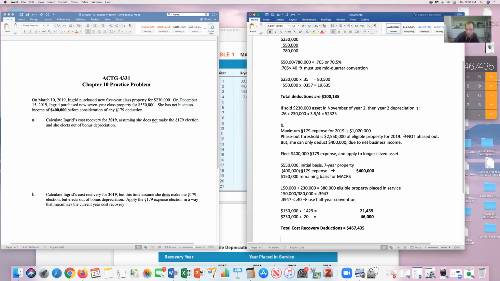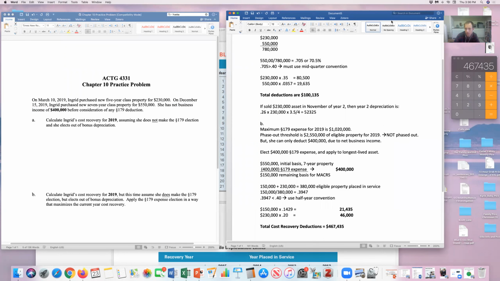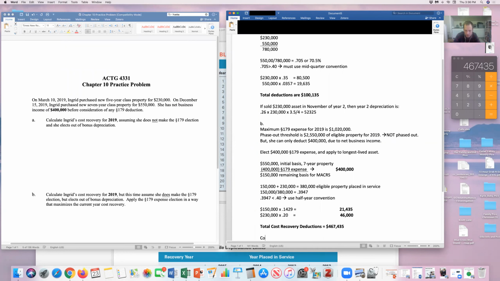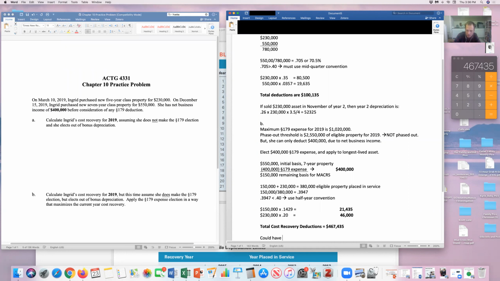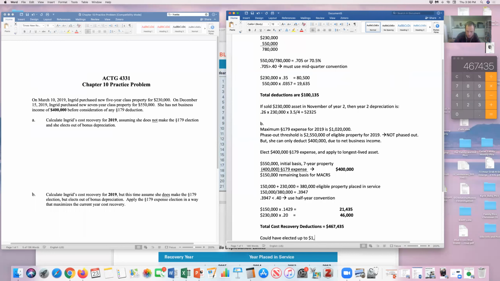For education purposes, we can think about something else that Ingrid could have done, even though it won't maximize the current year. She could have elected up to 1,020,000.